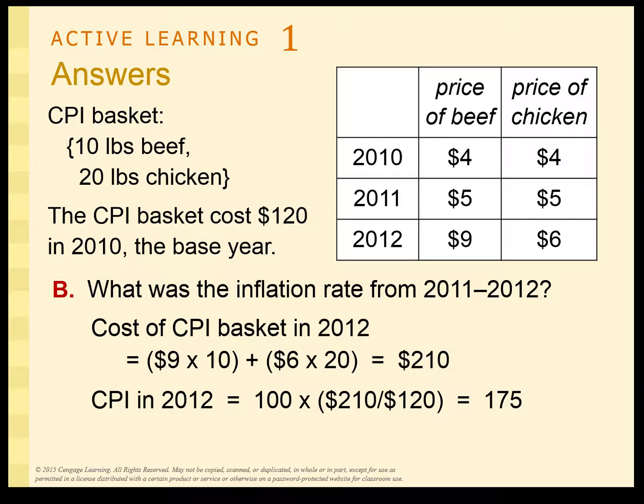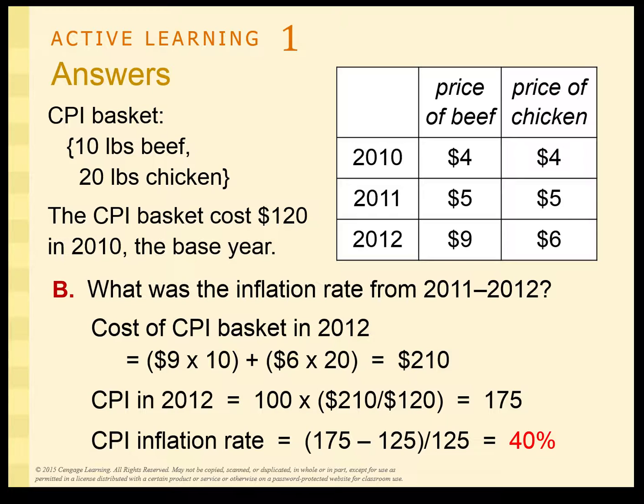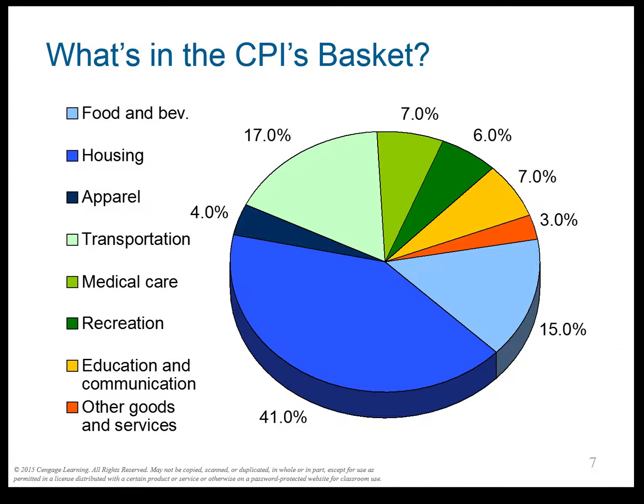Now I'm going to calculate the inflation by looking at the changes in the CPIs, right? 175 versus 125, and I get that the inflation rate overall rose 40%. Notice the individual goods rose a different percentage change than 40%, but we think of the household basket as a whole rising 40%. Okay, in real life, the CPI has many, many more goods than just pizza and lattes.